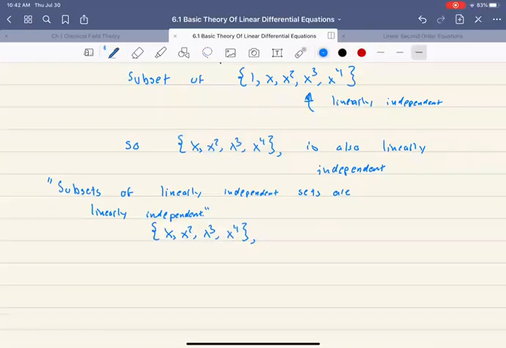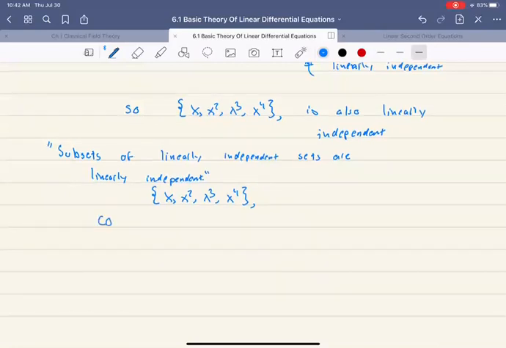So let's consider c1 x plus c2 x squared plus c3 x cubed plus c4 x to the fourth equaling 0. Now, this is a fourth degree polynomial equation set equal to 0.